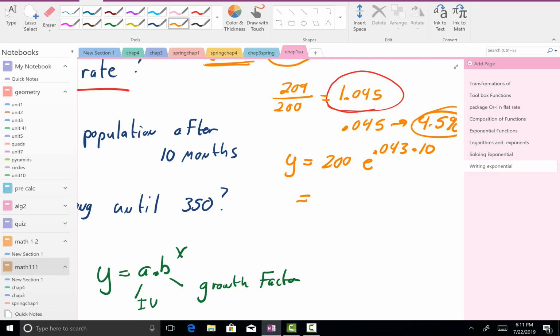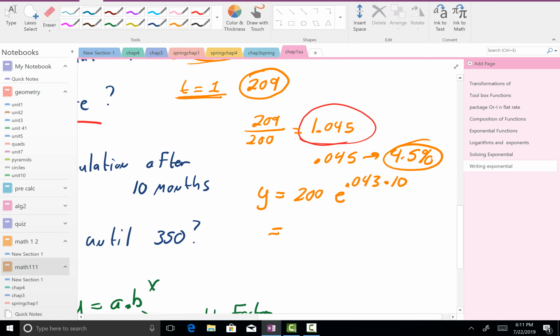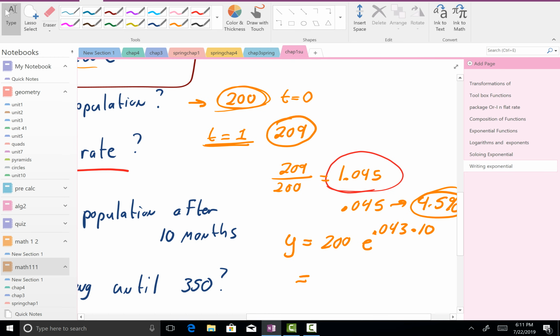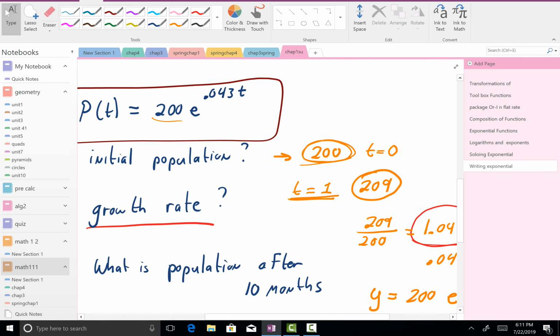Yeah? Where did you get the 209? So what we did was we used this equation here. This is what they gave us, right? And we put in 1 for the time here. So I just wanted to, because we know initially that it's 200.